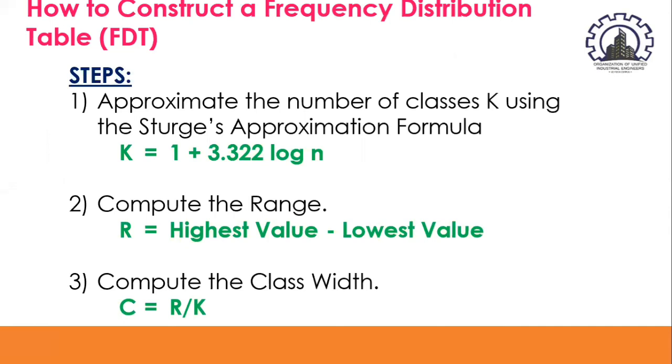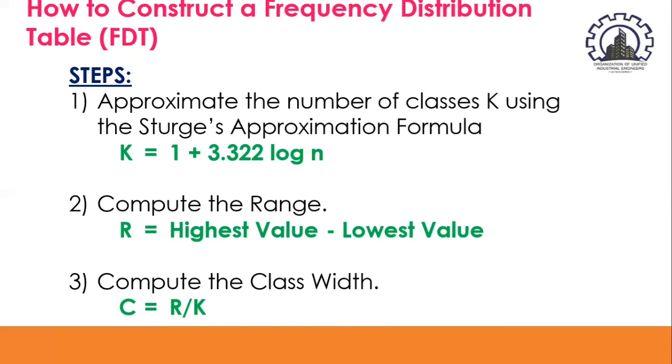So in order to construct a frequency distribution table, the first step is to approximate the number of classes, denoted by capital letter K, using the Sturges approximation formula.